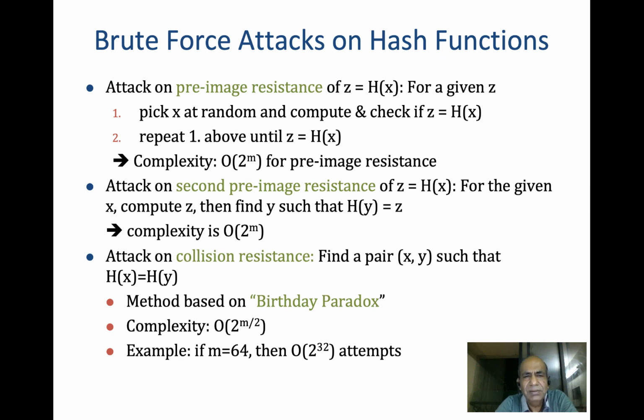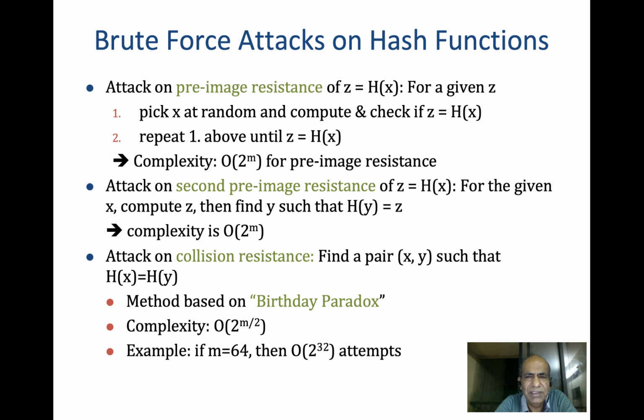So what does it mean? If you want to attack pre-image resistance, say, given the value of z equal to h(x), we know the output of the hash function, which is z, we don't know x, and we need to find x.